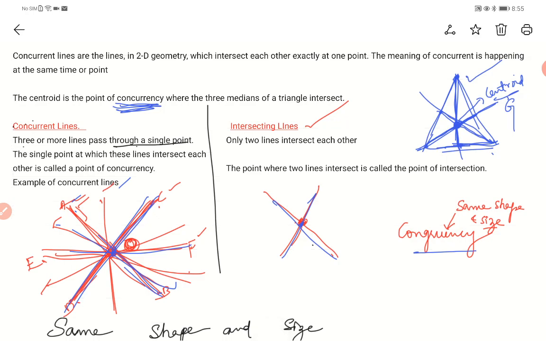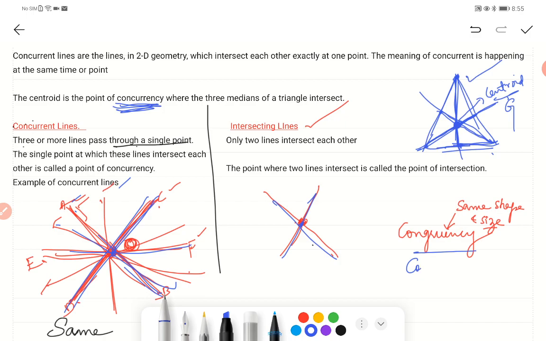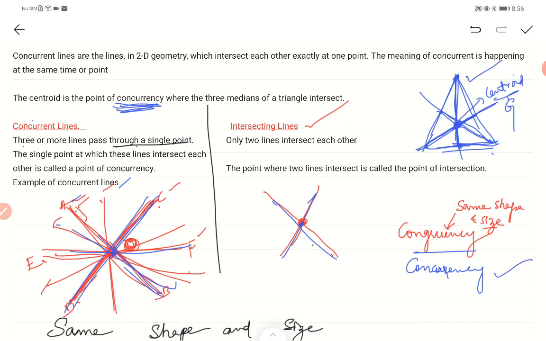If you have any doubt again regarding congruency and concurrency, you can get it cleared in the class. These two are different: concurrent, congruent. Repeat these words if you are getting confused.